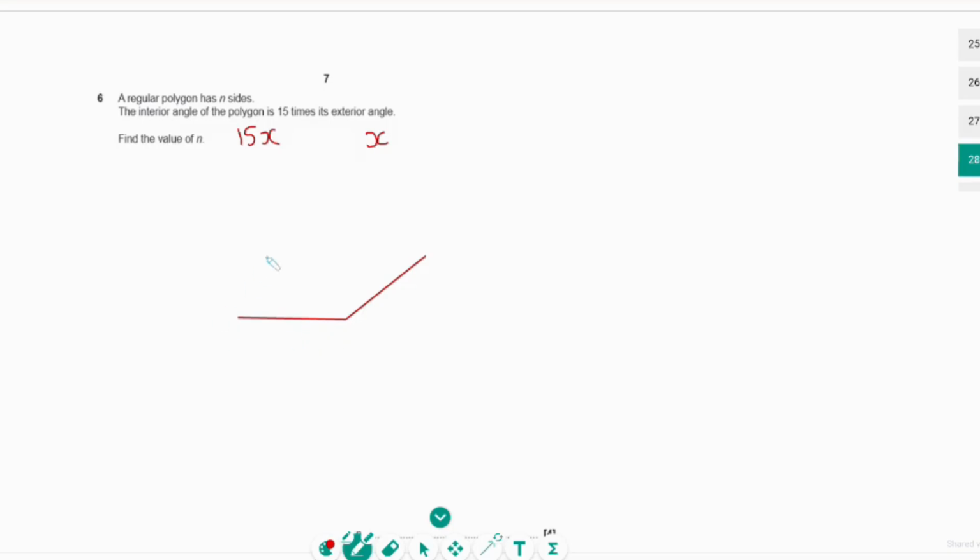This is an unfinished regular polygon. Here is our interior angle. Exterior angle is made from a straight line drawn along next to your interior angle. Angles on a straight line add up to 180.